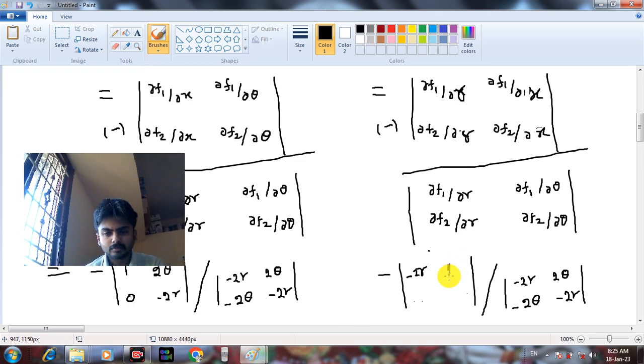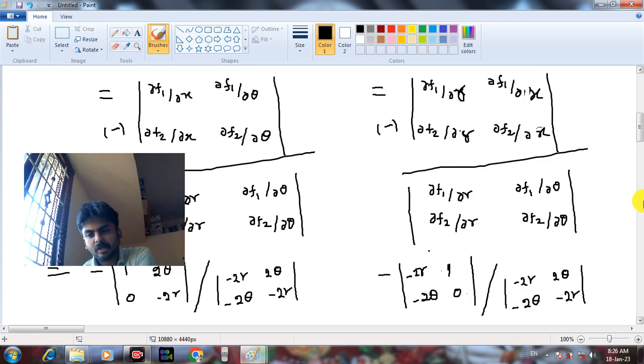And dou f2 by dou r is minus 2 theta. And dou f2 with respect to x: since there is no x in f2, it will be 0.